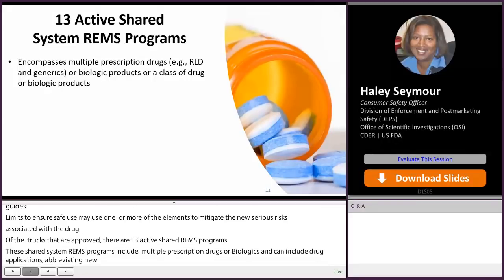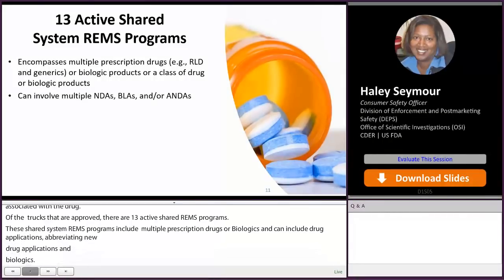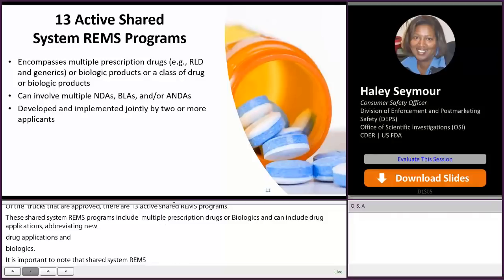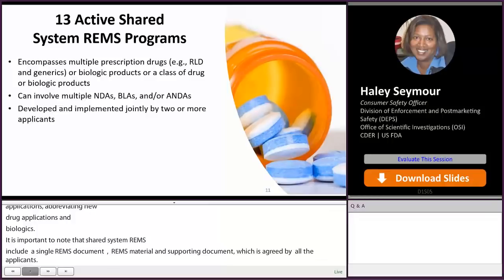It is important to note that shared system REMS include a single REMS document, REMS material, and supporting documents, which is agreed by all the applicants. The applicants also share in the implementation and maintenance of the databases and infrastructure.